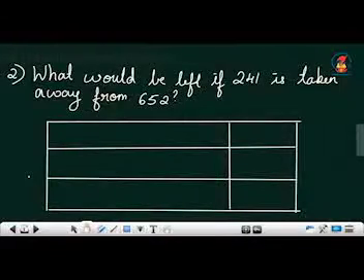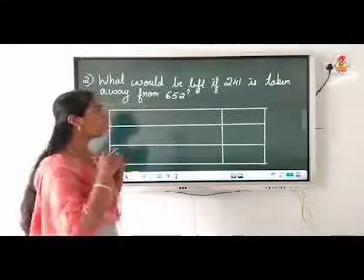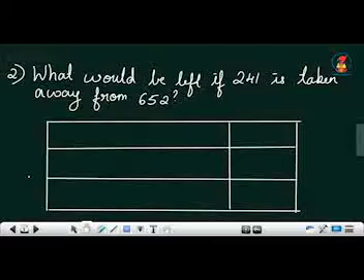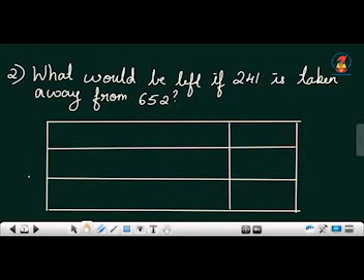What would be left? We know in subtraction we use this word left, isn't it? What would be left if 241 is taken away from 652?